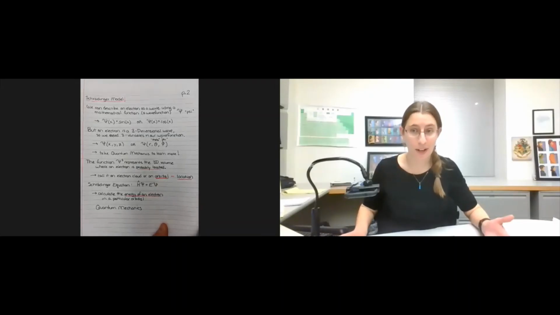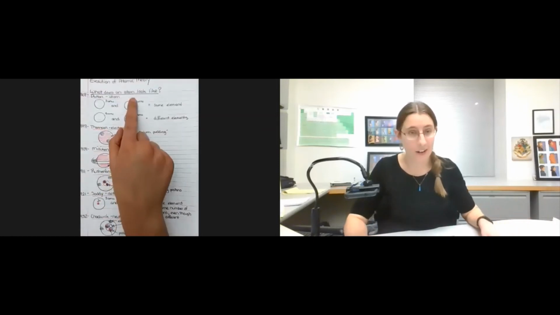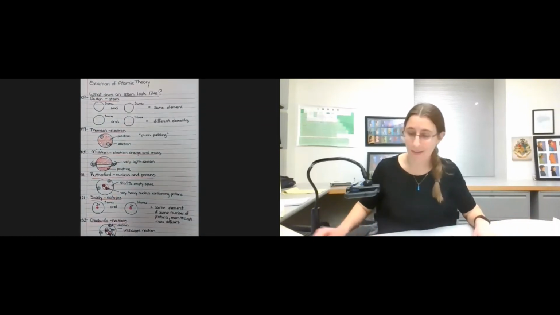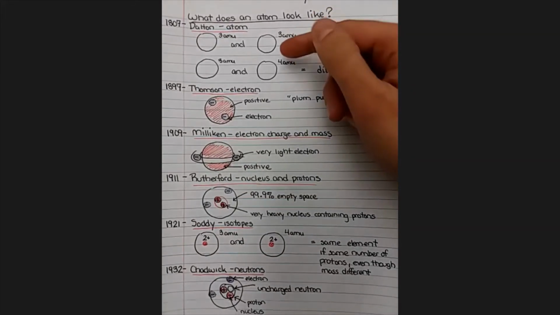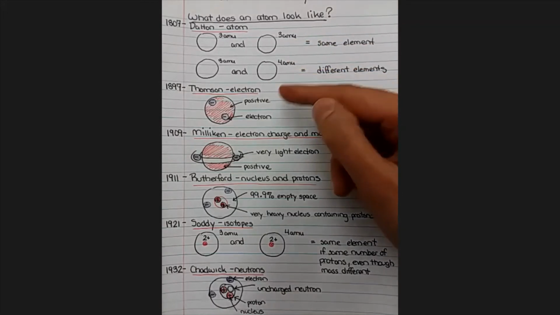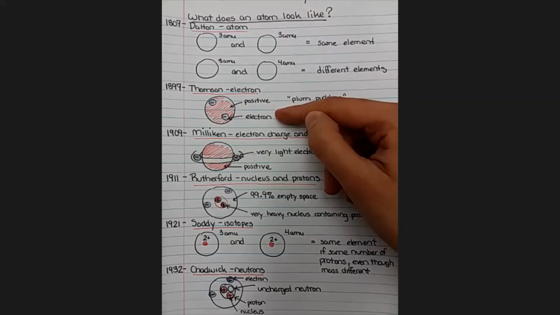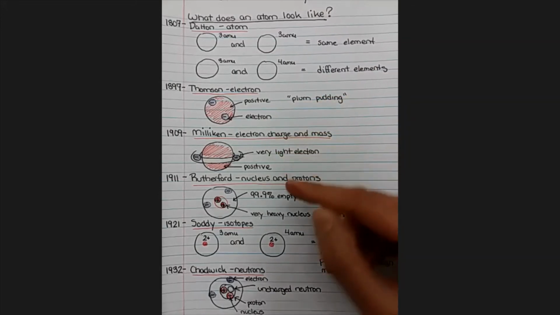Now that we have a new model for the way the electron looks, we need to update our what does an atom look like captain's log. So these are all the different models of the atoms that we've looked at. We've looked at Dalton's model that was basically just an empty unit for an atom. Thomson's model after we discovered the electron, and Millikan's model once we know about the electron charge.